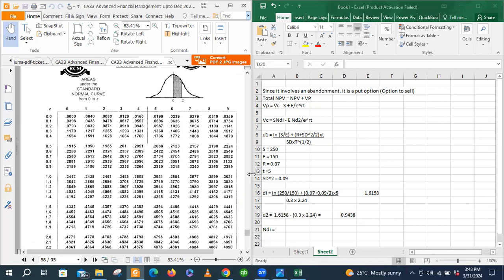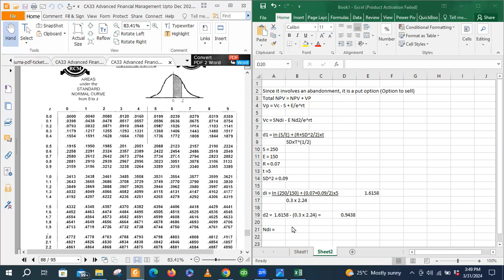If it is negative, then it is less than 0.5, that is 0.5 minus. In our case, they are both positive.